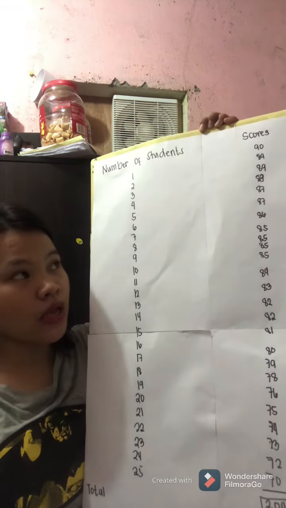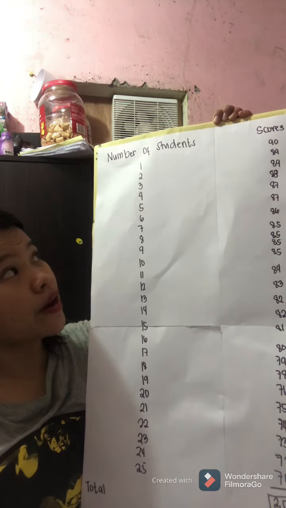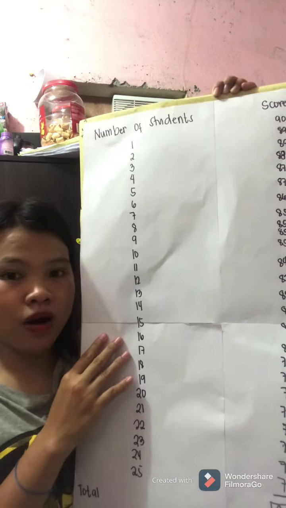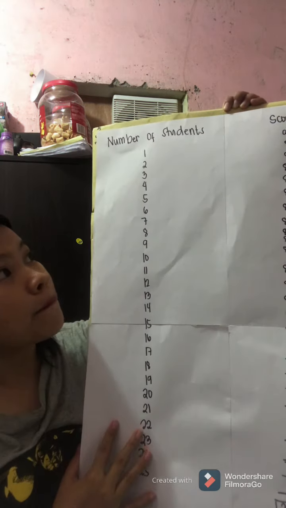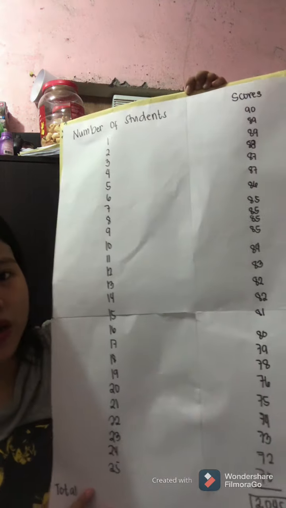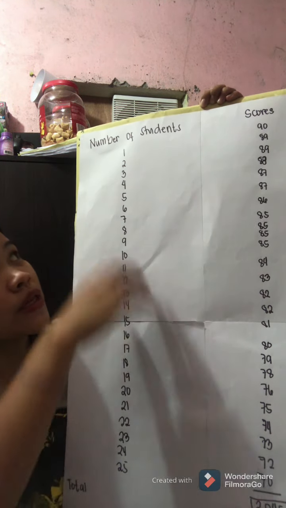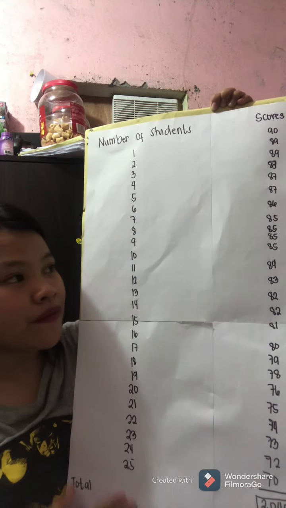In this data we have two columns: the first column is the number of students, and the second column is the scores that students got. We have 25 students.